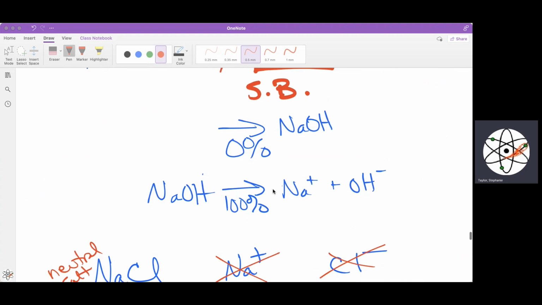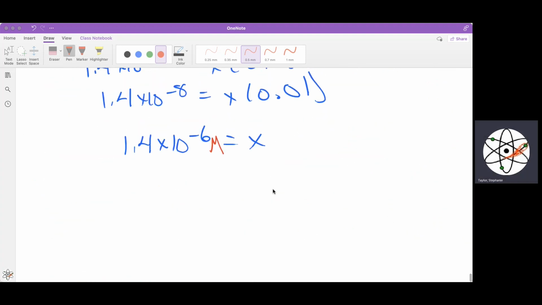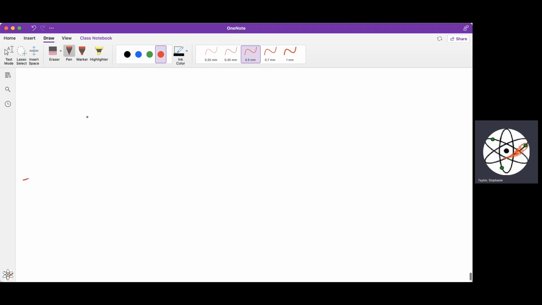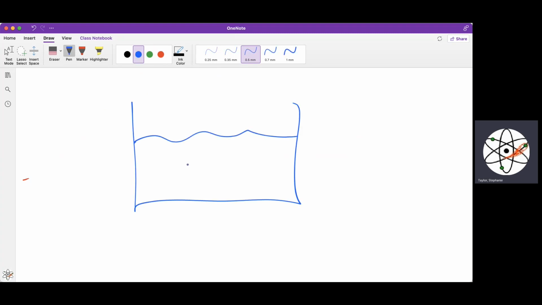First of all, when we talk about buffers, what we are talking about is something that automatically has both a weak acid and its conjugate base in solution. By definition, a buffer has to have both of these components. A lot of times you see conjugate acid-base pairs together, something like ammonia with the ammonium ion.